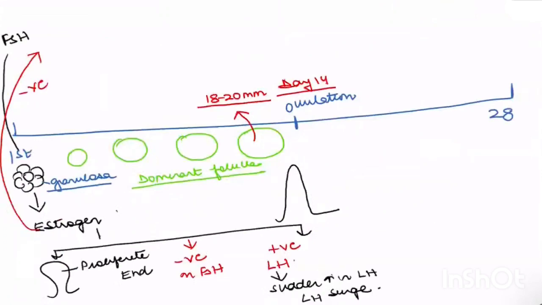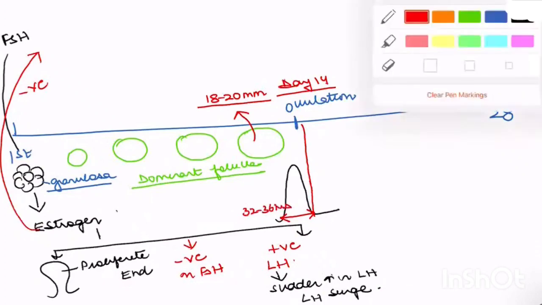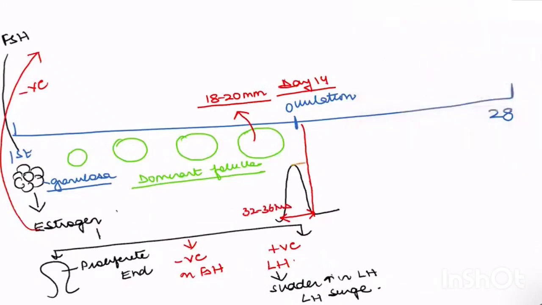वापस अपने डायग्राम पे आओ. So now tell me, इसी डायग्राम में फिल करो, time between LH surge and ovulation. कितना टाइम? 32 to 36 hours. Time between LH peak and ovulation. Kitna time? 10 to 12 hours. So complete this.